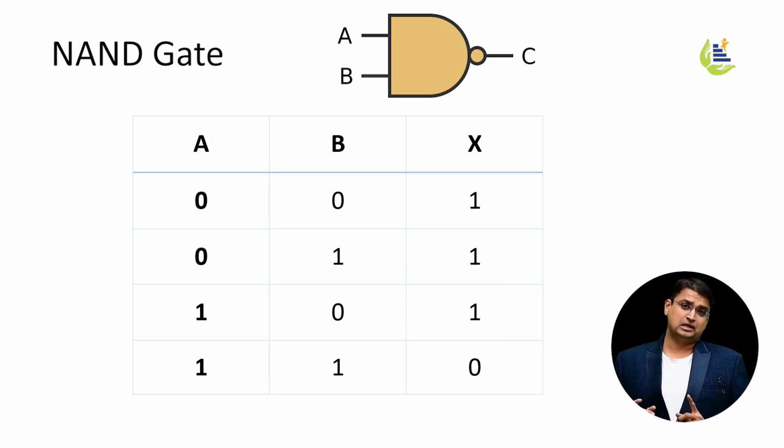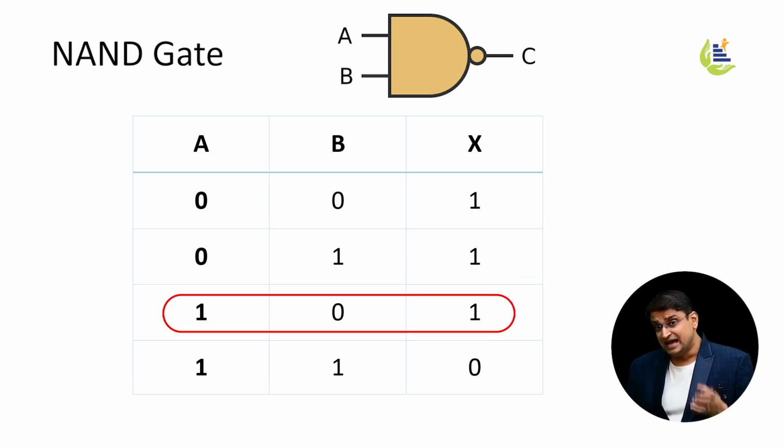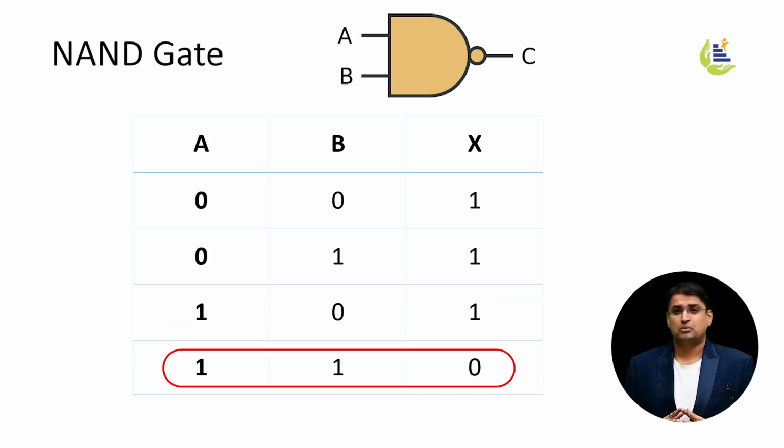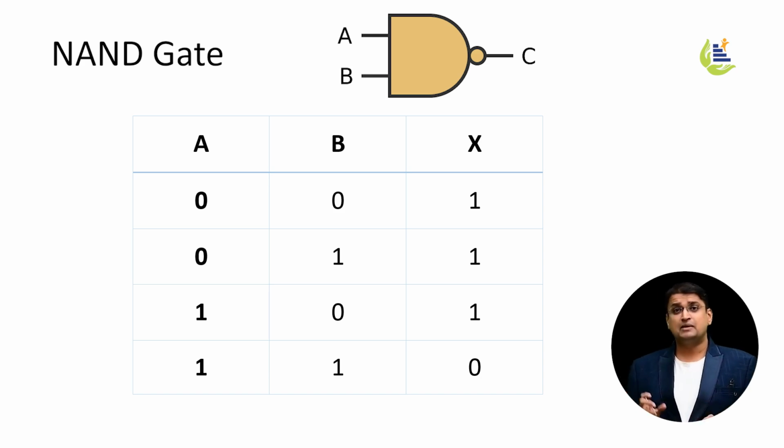If A is 1 and B is 0, the AND operation on A and B results in 0, and the NAND gate inverts this to produce 1. And if both the inputs A and B are 1, the AND operation on A and B results in 1, but the NAND gate inverts this, producing 0. In short, the NAND gate is the opposite of the AND gate.